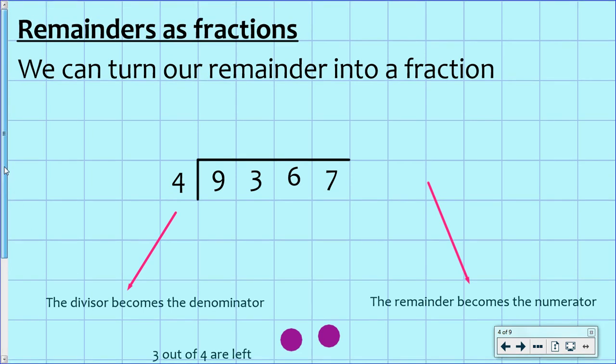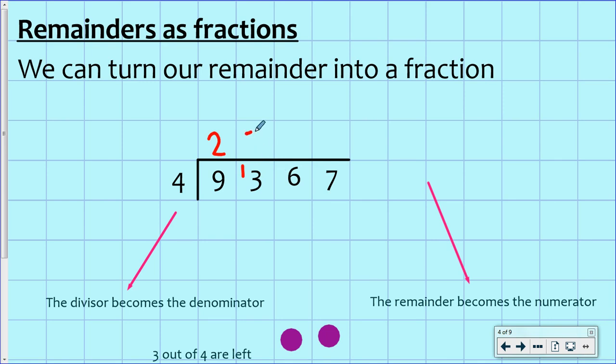Okay, so let's work out this one then. 9,367 divided by 4. 9 divided by 4. How many groups of 4 can we get out of 9? We can get 2 groups for 8, but we still have 1 left over, so we're going to exchange that to the hundreds. 13 divided by 4. 4, 8, 12.